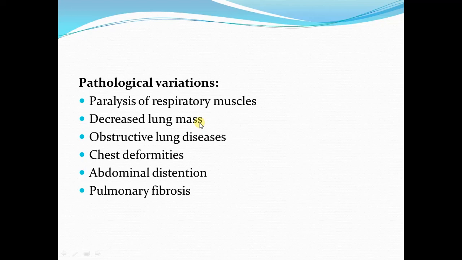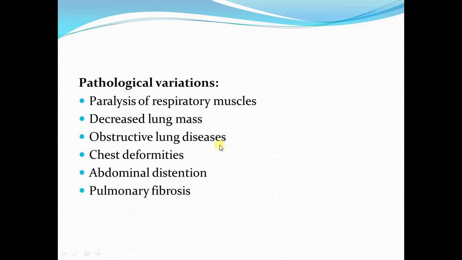Then comes the obstructive lung diseases. Now obstructive lung diseases are a group of pulmonary diseases in which there is obstruction in the airways. Obstruction in the airways interferes with expiration more as compared to inspiration.